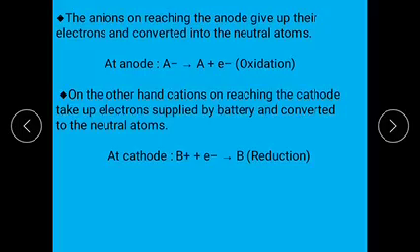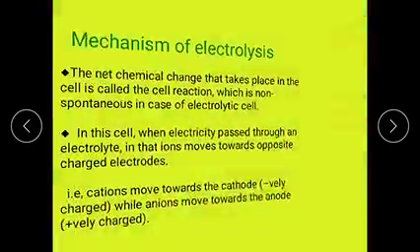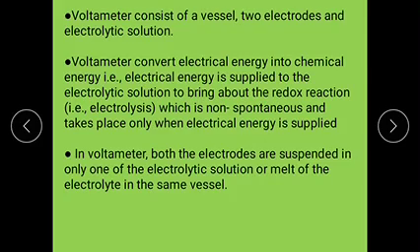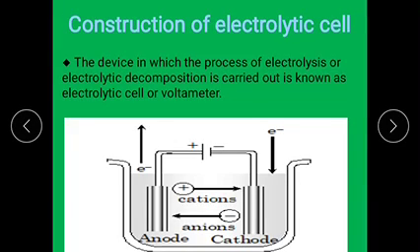When we take any electrolytic solution in the vessel and pass electricity through it from the battery, first of all the electrolyte is dissociated into ions according to Arrhenius dissociation theory, or electrolytic dissociation.